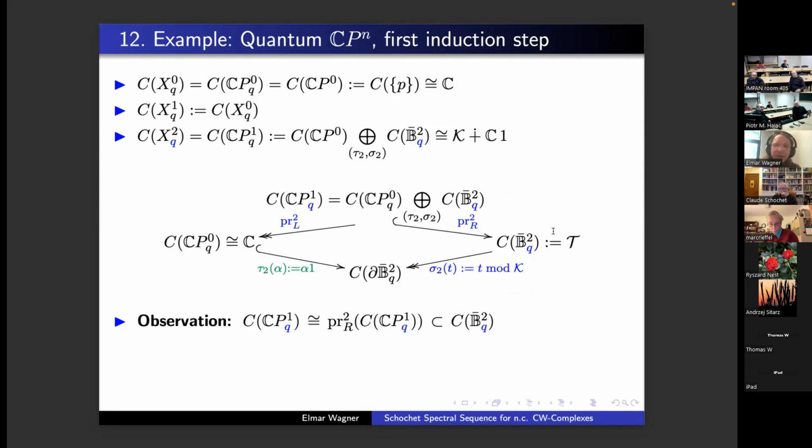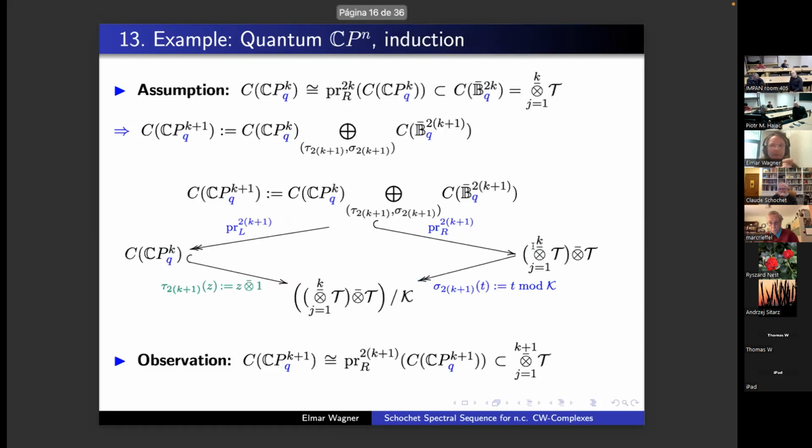So CP1 sits in the 2-ball, and now I go with an induction process where CPk sits inside the 2k quantum ball.